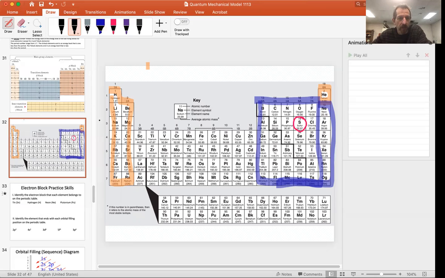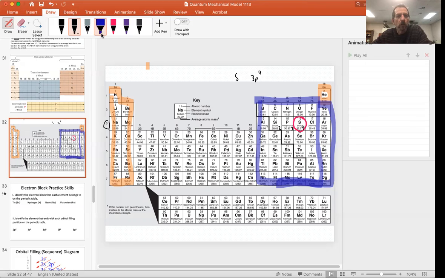And as a matter of fact, sulfur would be in the 3p, 1, 2, 3, 4 position. 3p4 for sulfur, that would be the last thing you would write. You would write 3p4 as the last part of the configuration for sulfur.